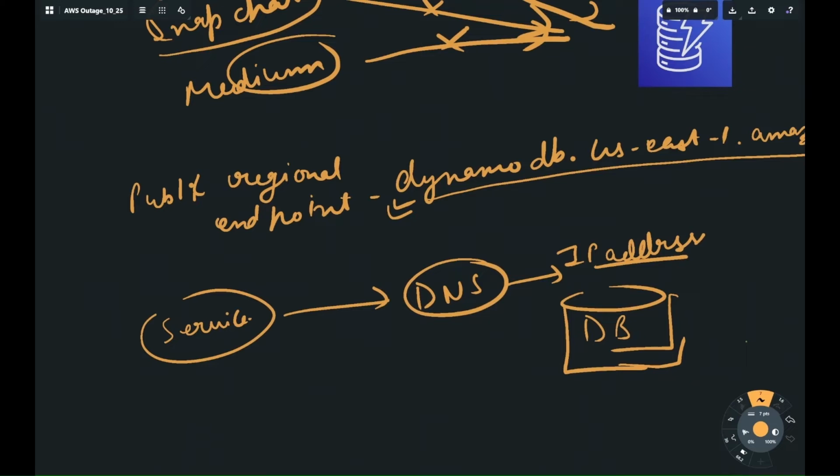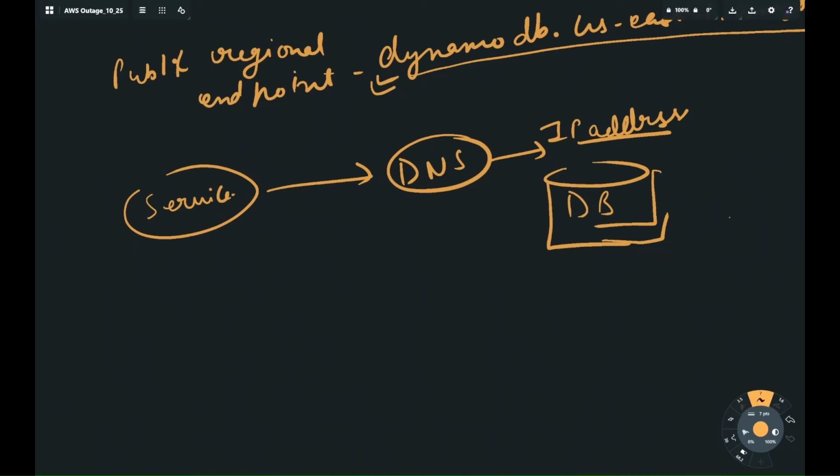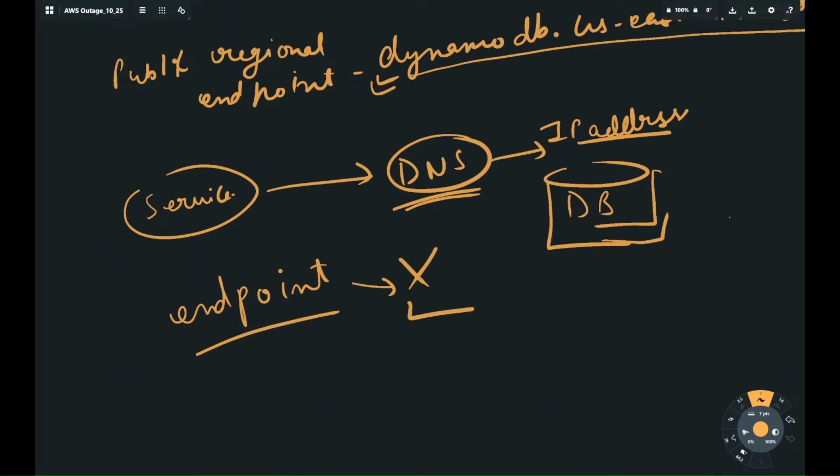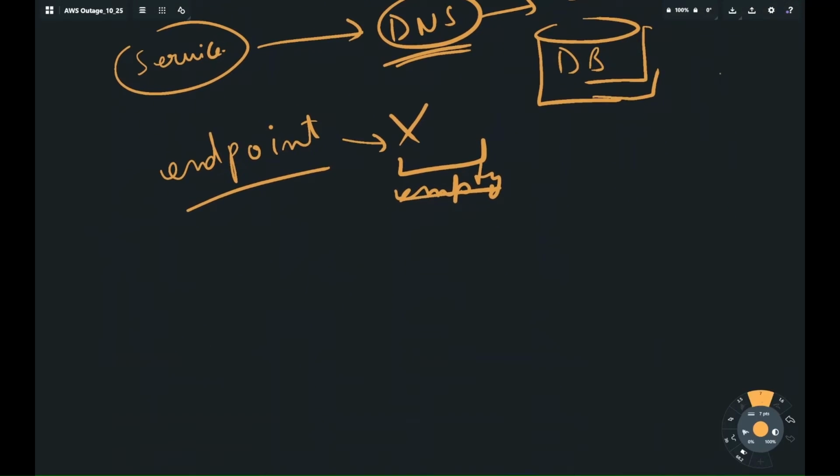Now, during the outage, what happened was that the mapping in the DNS for this endpoint was empty. There was no mapping. Now, why was the mapping empty?